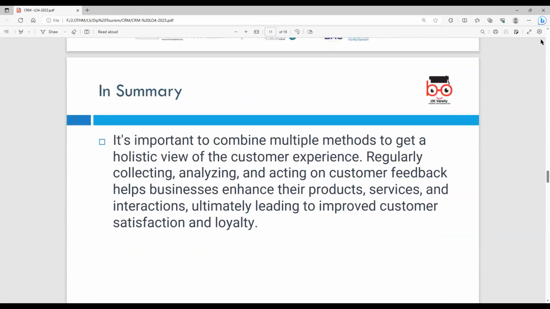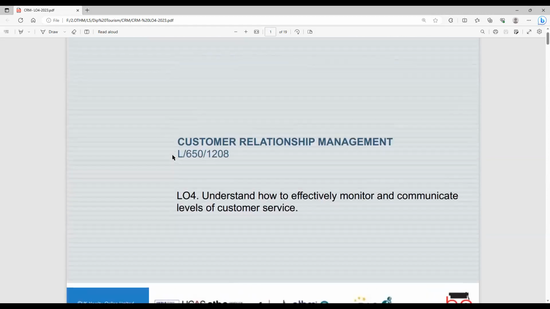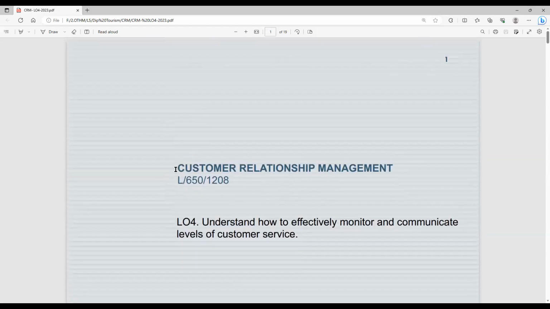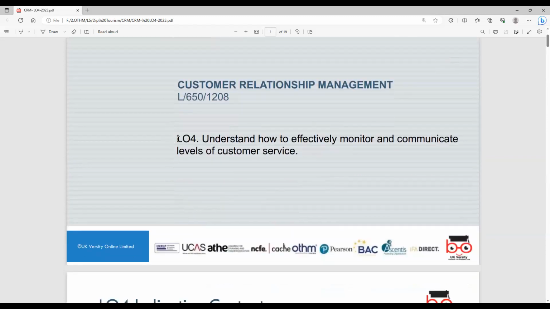Okay. So today is Monday. Welcome to another session of customer relationship management. Today we're going to be looking at LO4, which is the last of the four learning outcomes.